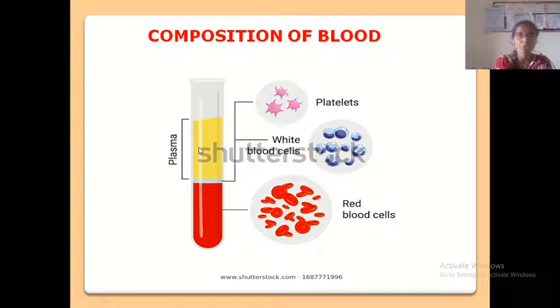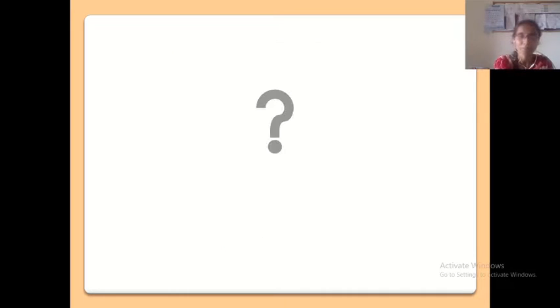Plasma consists of nutrients, gases, various inorganic and organic components, and various proteins, and the blood cells are of three types: platelets, WBCs, and RBCs. RBCs are the major carriers of nutrients, oxygen and CO2. White blood cells play an important role in the defense mechanism, and platelets play an important role in blood clotting.